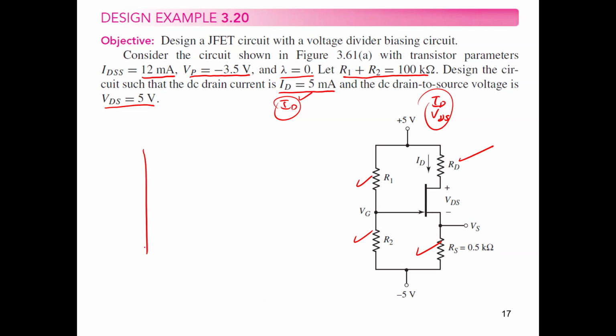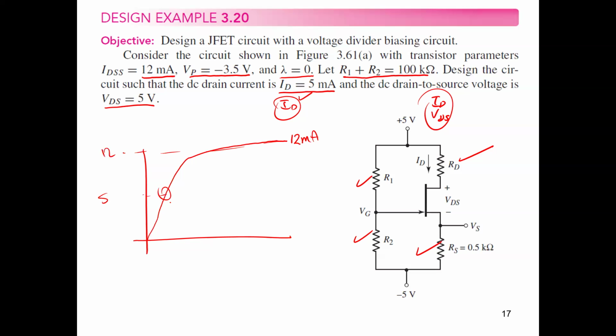Let me draw that to help you understand what I'm saying. If this is the saturation current, which is 12 milliamperes, we have two different options. We can have the operating point in the linear region, where the saturation current is still 12 but the current here can be less. Here the current is 12 and here the current is 5.